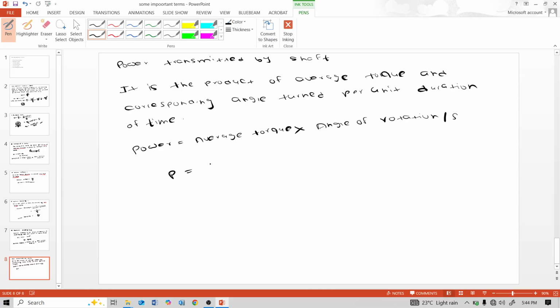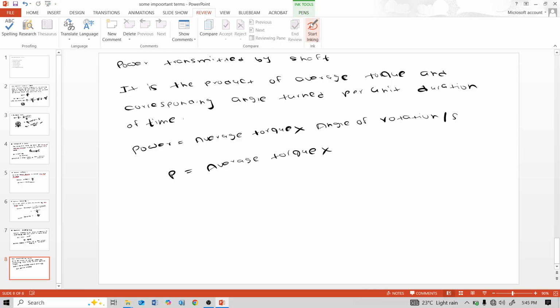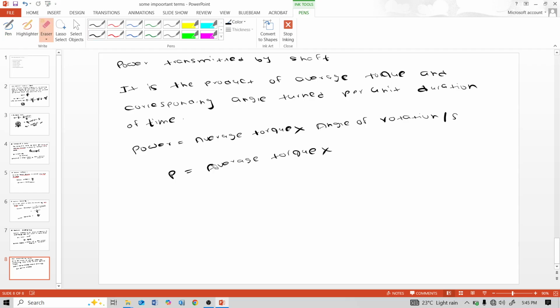P is equal to average torque, denoted as capital T, multiplied by 2 pi N upon 60.